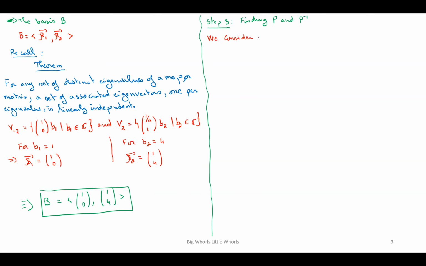So let me write it down for you. Let's consider T as the representation of a transformation T with respect to the standard basis E2.